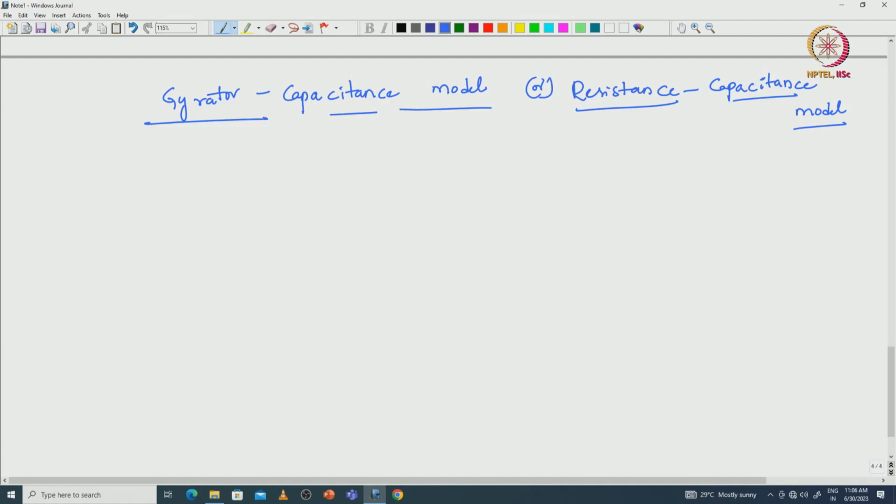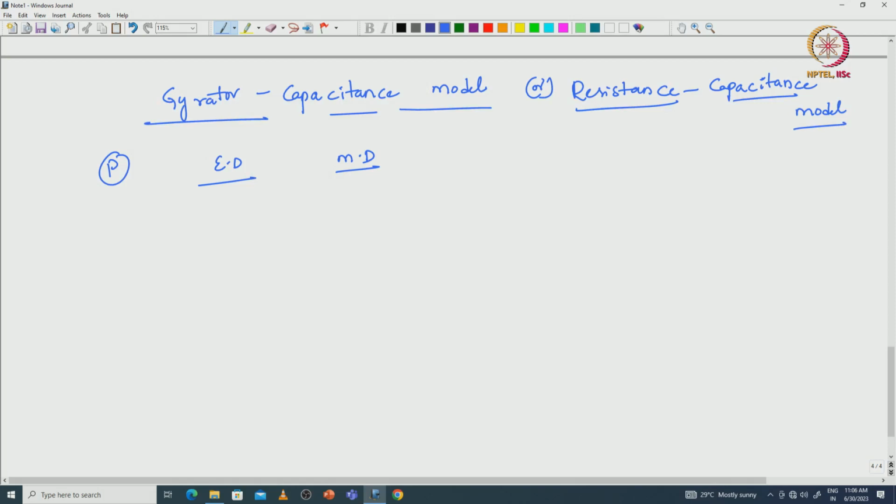So, to overcome those two conclusions, first, we have to match the power in the electric domain as well as the magnetic domain. For that, we will utilize the Gyrator capacitance model principles.